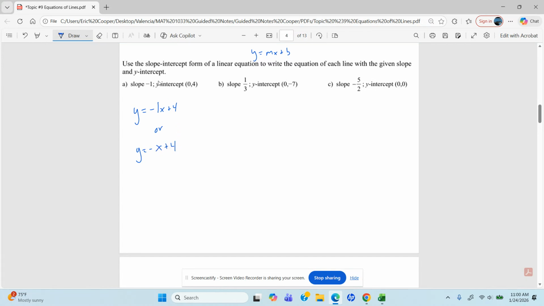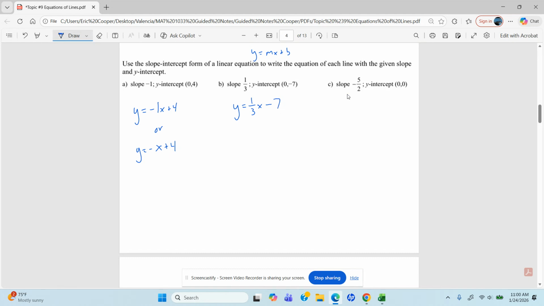Remember, if there's a 1 for the slope, we really don't need to write it unless we want to. For b, it's the same thing. y equals 1/3 of x, because the slope is 1/3. My y-intercept is (0, -7), so we'll say it is -7.